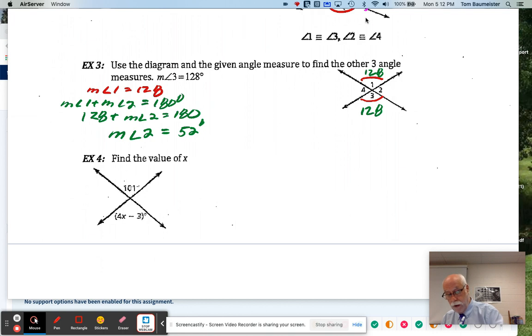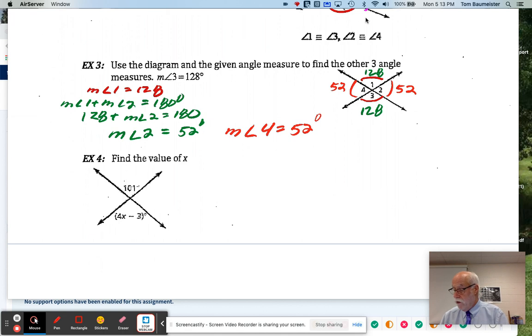And of course, if angle 2 is 52 degrees, then we know that the measure of angle 4 is also 52 degrees because they are vertical angles. So we can say that the measure of angle 4 is also equal to 52 degrees. Pretty nice and straightforward there, people. I hope you're realizing this. We will be doing a lot with angles in the next chapter.